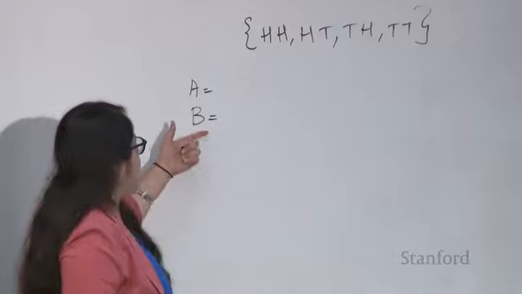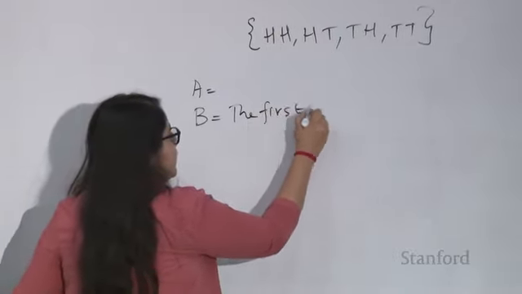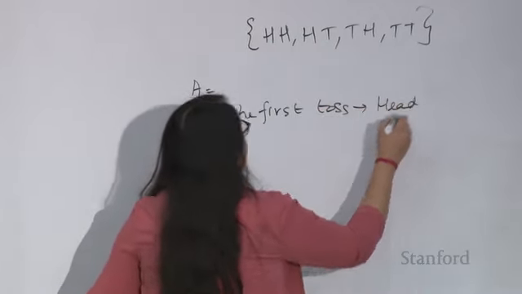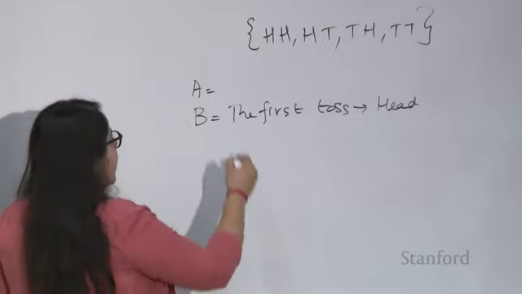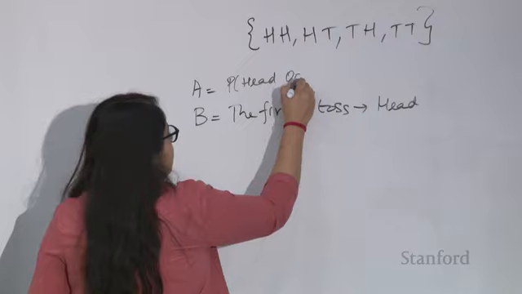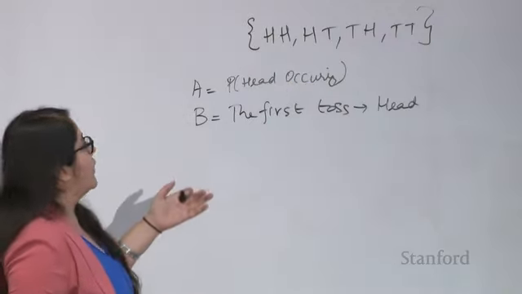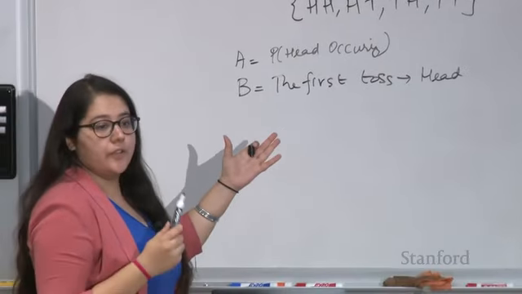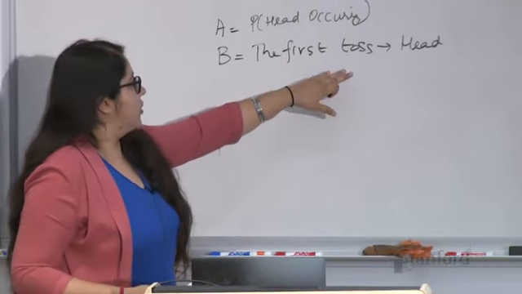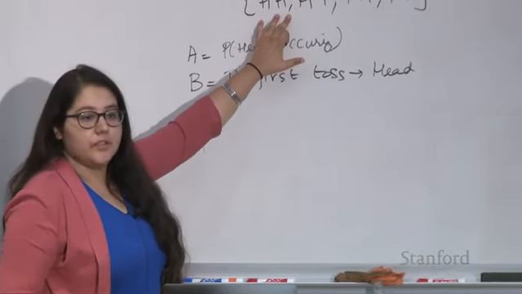Let's define B as the first toss resulting in a head, and A as a head occurring on the second toss. So how will we define the probability of A given that B has already occurred? When we say the first toss was a head, we'll consider these two outcomes, right?